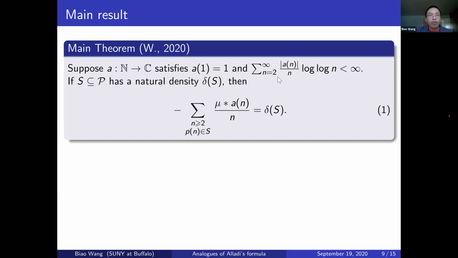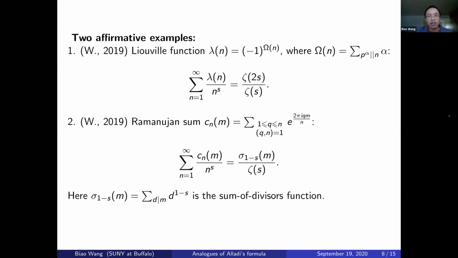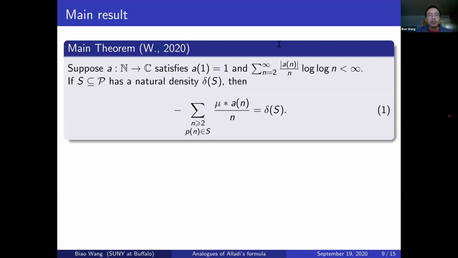And for the previous two examples, it's very easy to verify that they satisfy this condition.